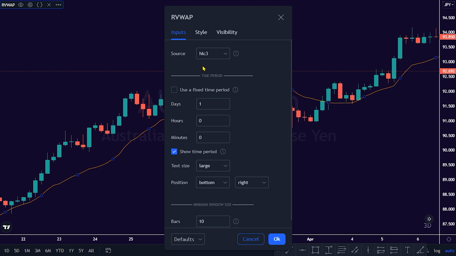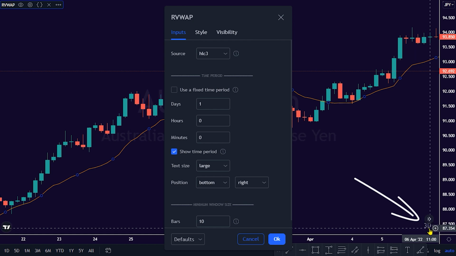As we can see under the inputs parameters, there's the time period that shows the chart time frames. This indicator uses these parameter inputs to specify a fixed time period, which you can express in any combination of days, hours, and minutes. By default, the time period currently used is displayed in the lower right corner of the chart here.